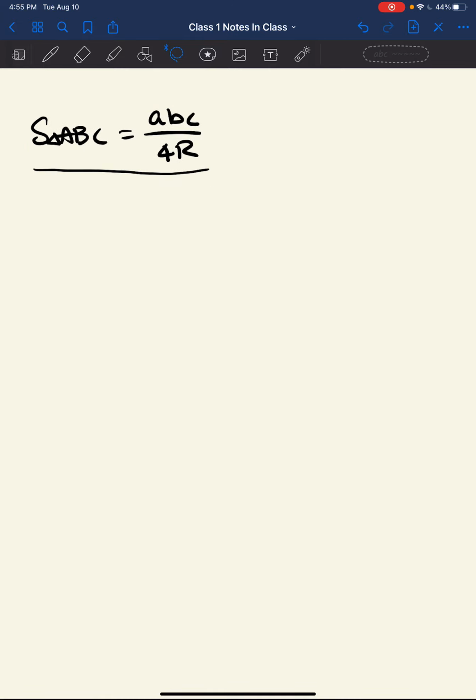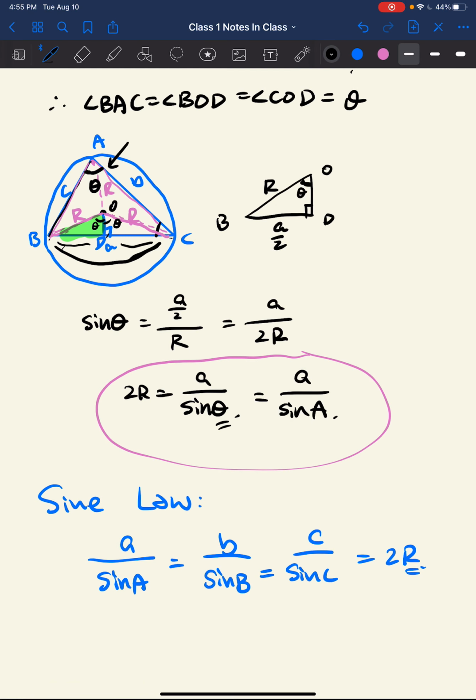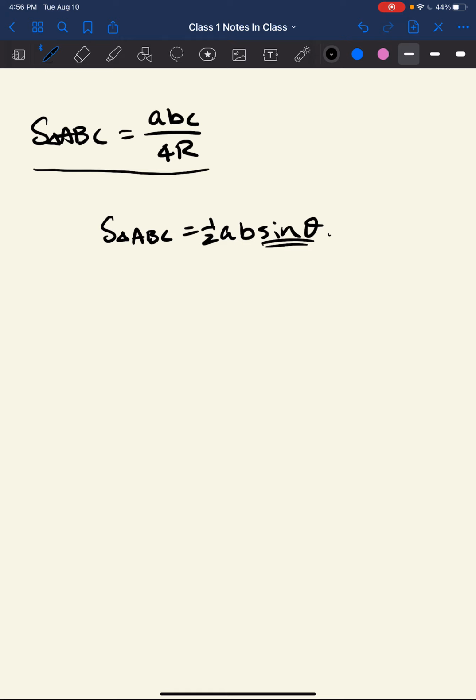Okay. The basic form is half AB sine theta, if we remember from our second way. And sine theta from our last page should equal A over 2R. Okay, let me just draw a diagram just in case we have so many thetas moving around.